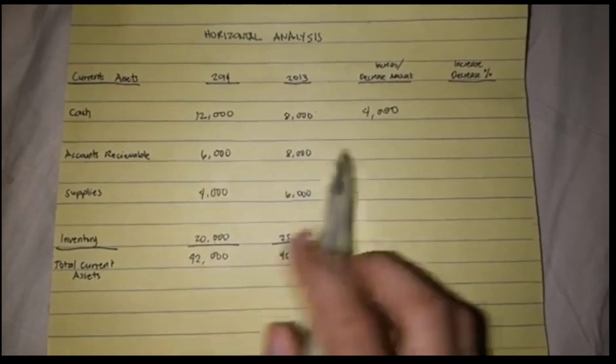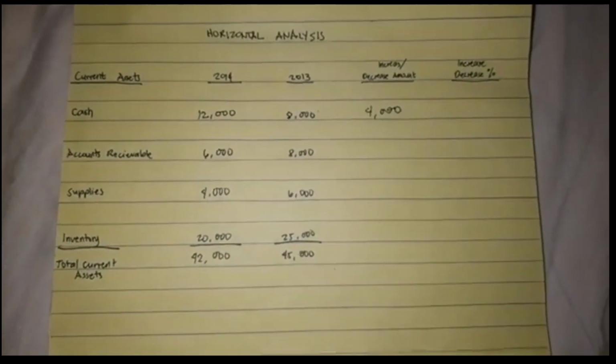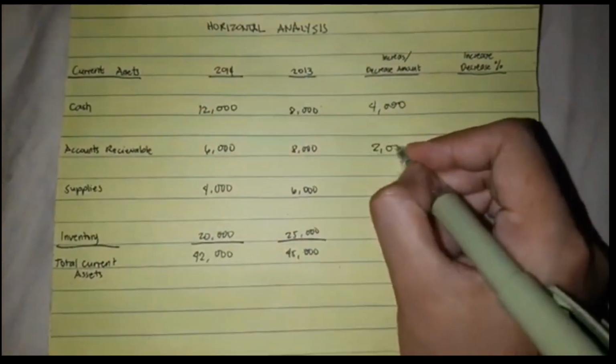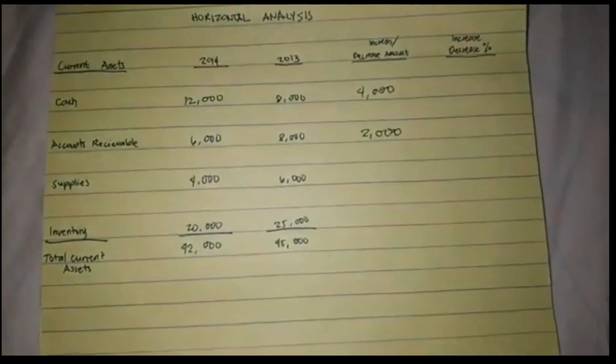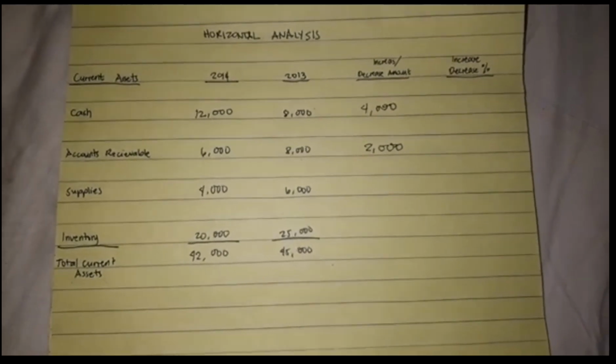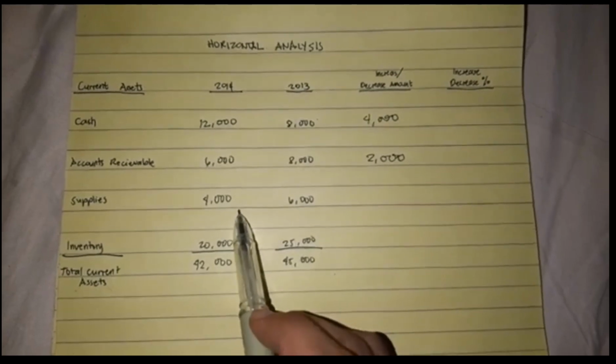So we dropped 2,000, and then in my supplies I went from 6,000 in 2013 to 4,000 in 2014.